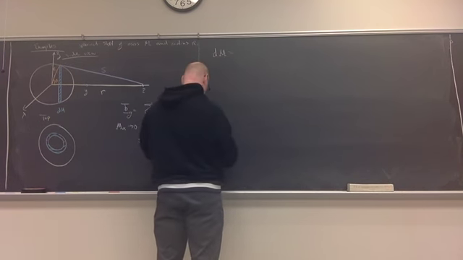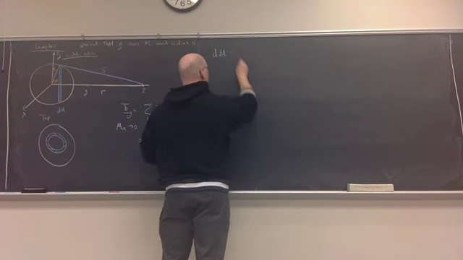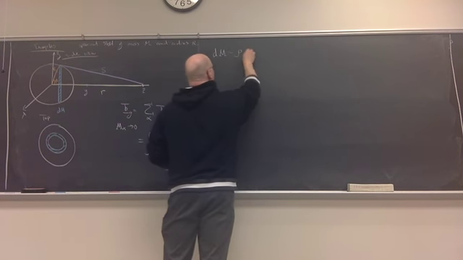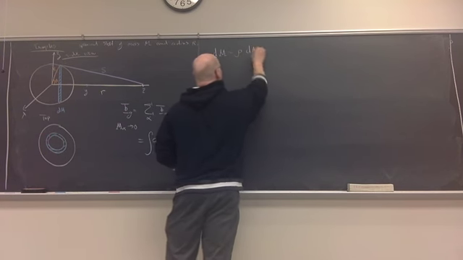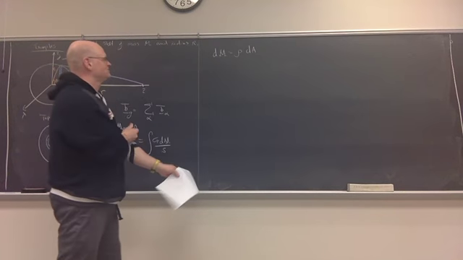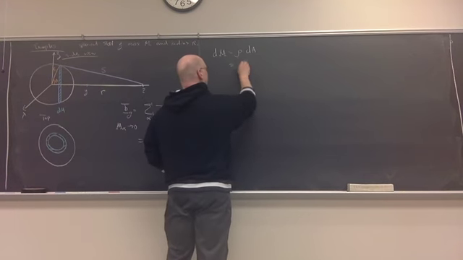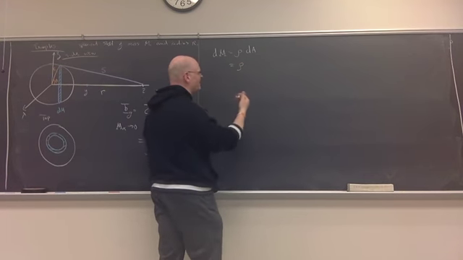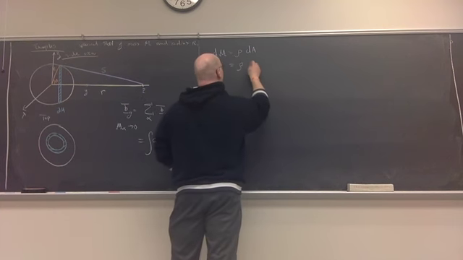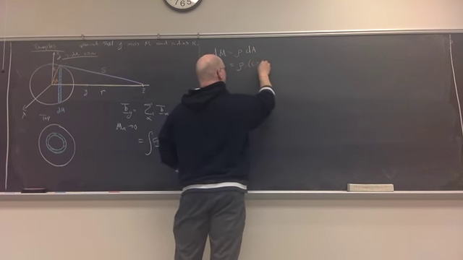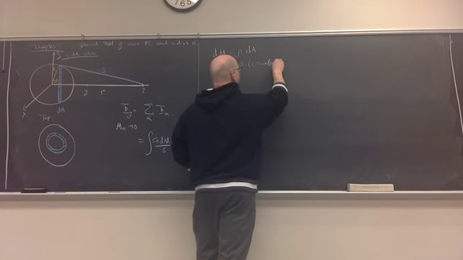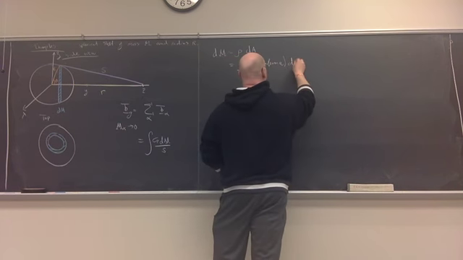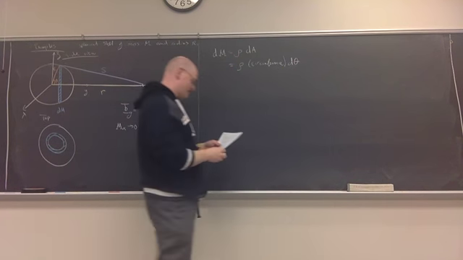The mass density of this guy, so let's call that rho, times then the differential area of the ring. So rho then is simply going to be equal to a constant since this thing has constant density to it, and then dA is simply going to be equal to what? The circumference of the ring times then the thickness of the ring, which in this case is going to be equal to d theta in this case.